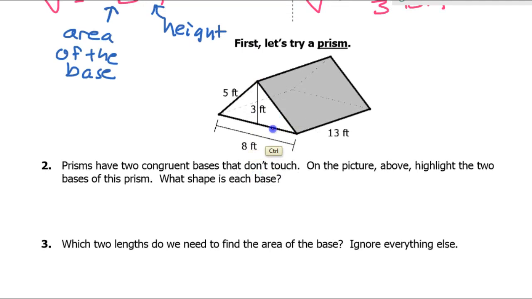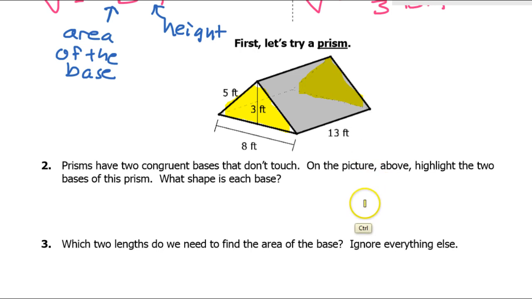Okay, so let's look at a prism. Prisms have two congruent bases that don't touch. So I'm hoping you can see that we have the ends of the prism, two triangles. Those are the bases. There's one triangle in the front, another triangle in the back.